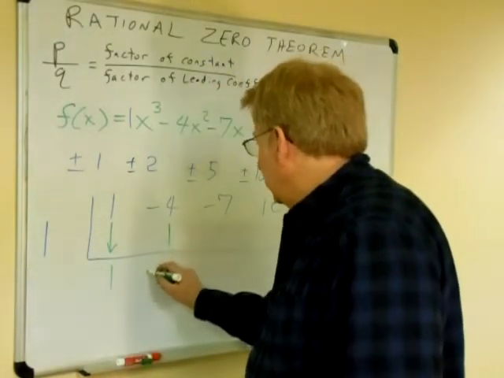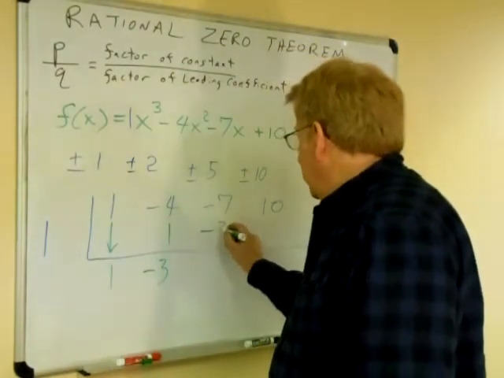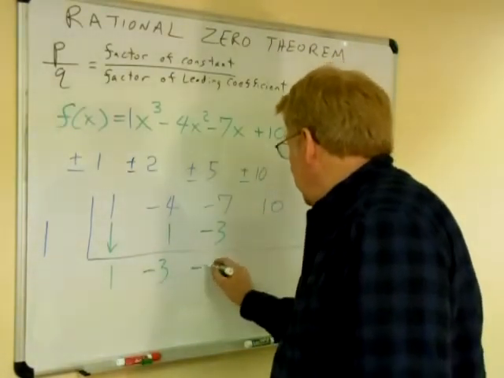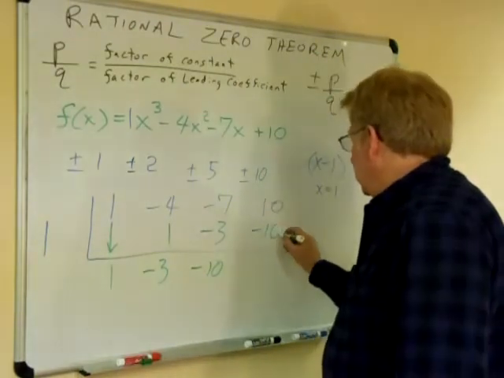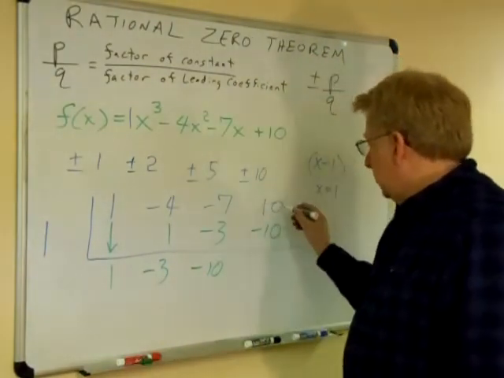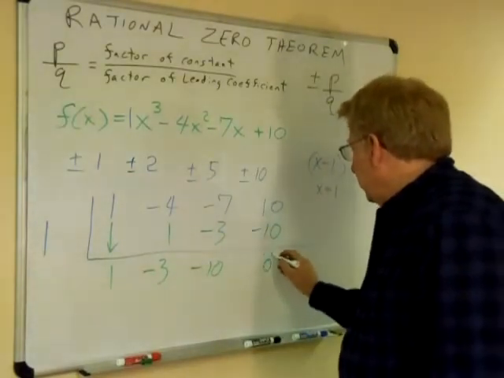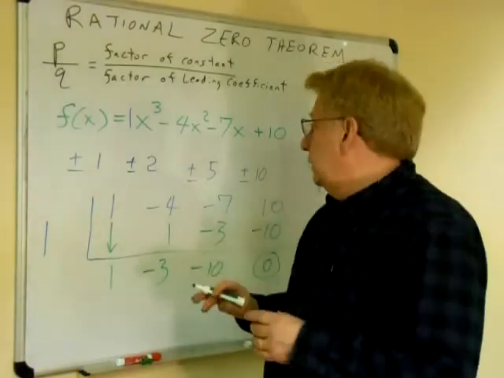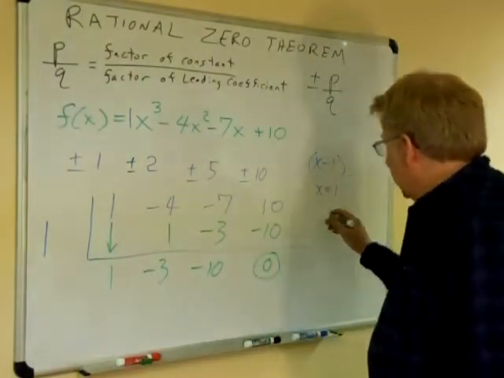Minus 4 plus 1 is minus 3. 1 times minus 3 is minus 3. Minus 7 plus minus 3 is minus 10. 1 times minus 10 is minus 10. 10 minus 10 is 0. So we have a remainder of 0, which means that it did factor evenly into the polynomial. So one of the factors of the polynomial is x minus 1.